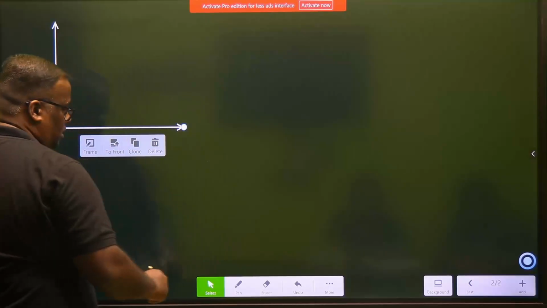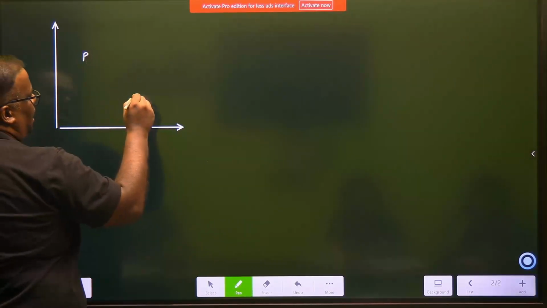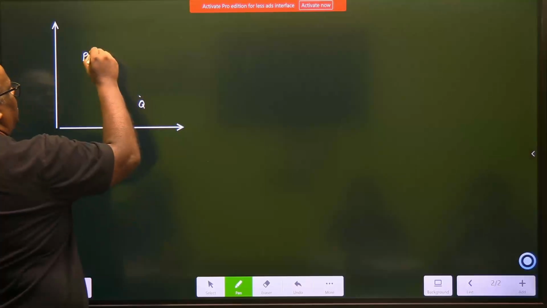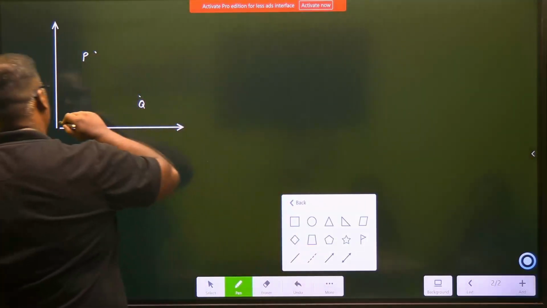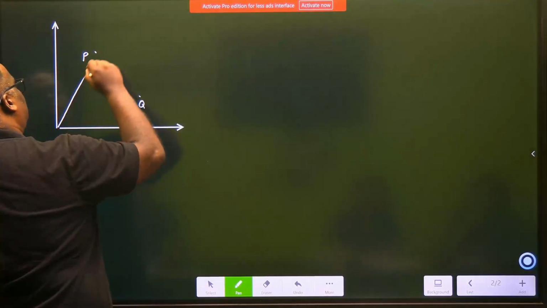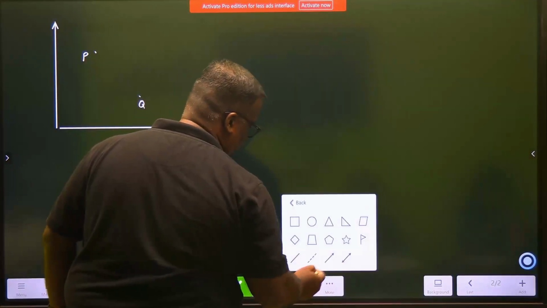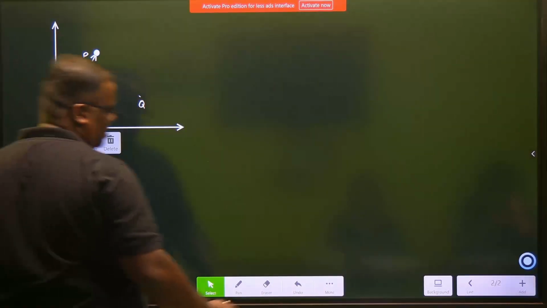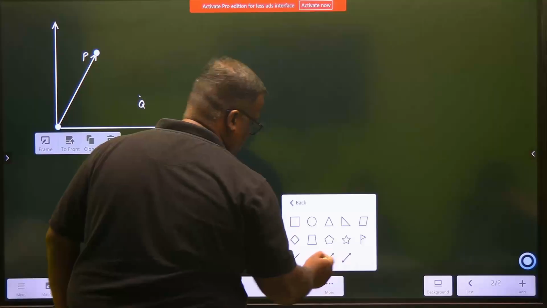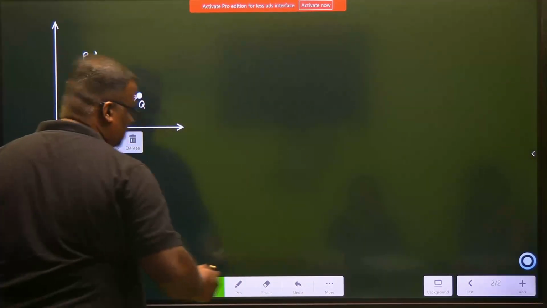Okay, now I have 2 points out here, say point P and point Q. Agreed, children? P is represented by a position vector, which is say R, and this is another position vector, which is say S. Is this clear?